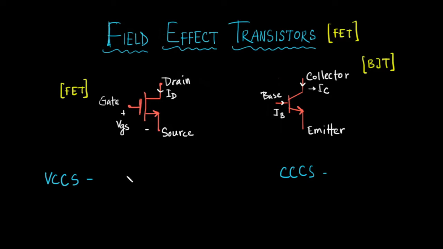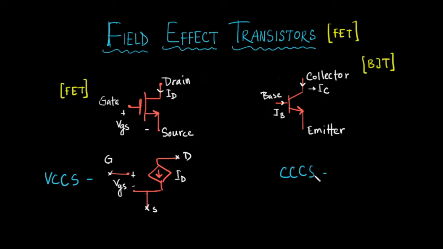So we draw a field effect transistor like this. This is the gate, this is the drain, and this is the source, and this is the input voltage VGS, and this is the output current ID.